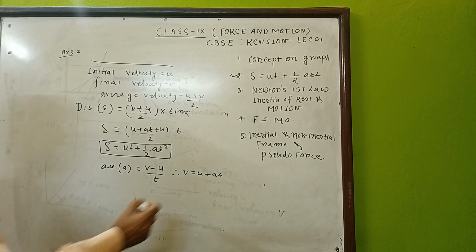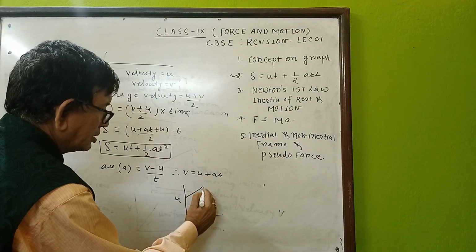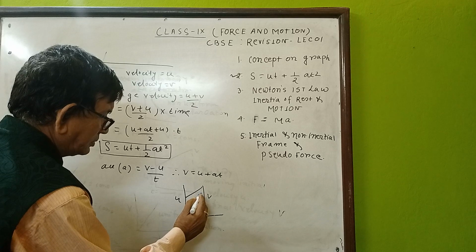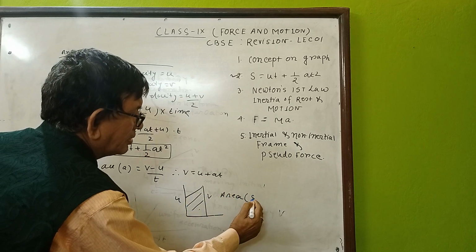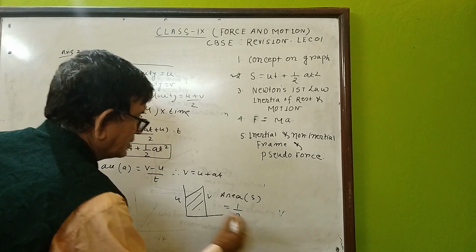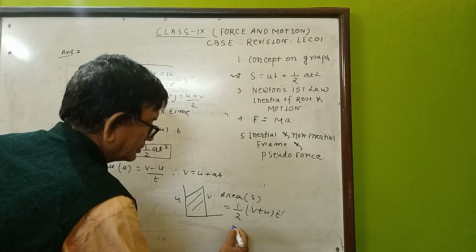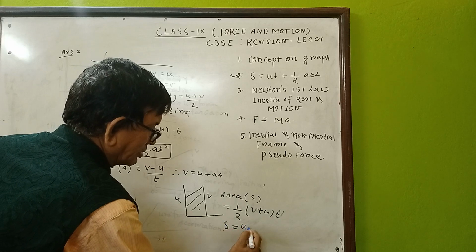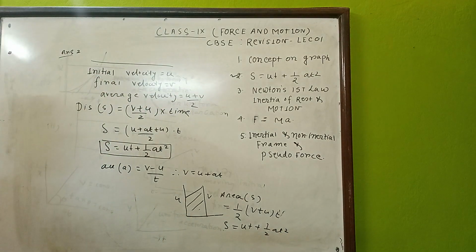Another way you can do: if there is a graph with U, this is V, then the area will give the displacement S, that is equal to half the sum of the parallel sides of the trapezium into T. It is coming S equal to ut plus half at square. So by the graphical method you can prove this.